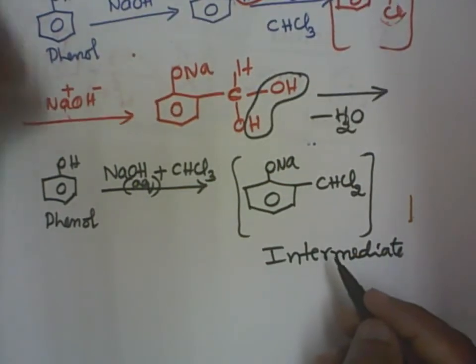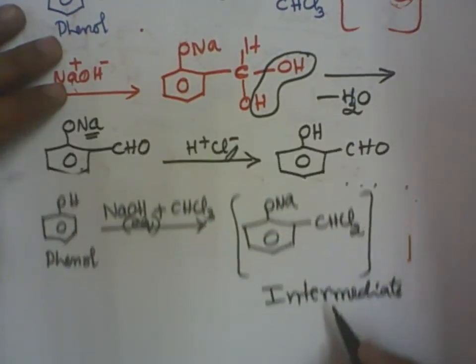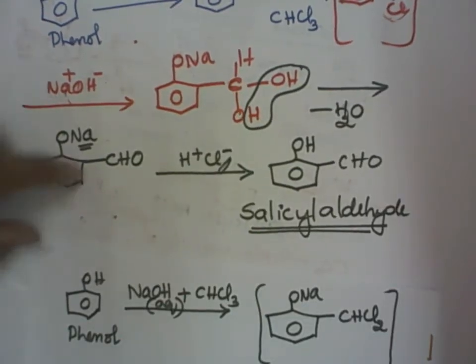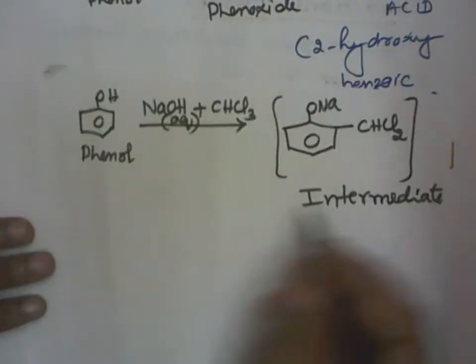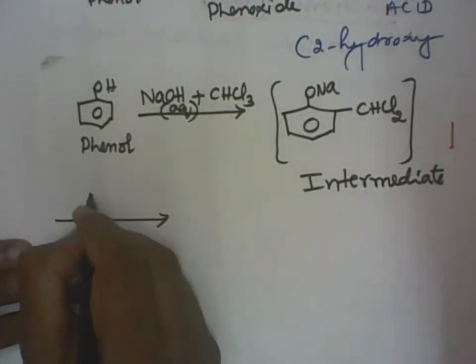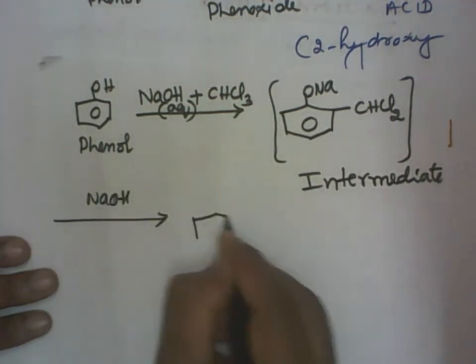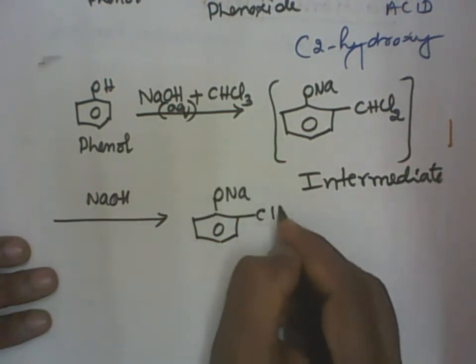Next, after this, sodium hydroxide reacts again, and we'll get this compound directly. This is unstable, so I'll be writing the product: the benzene ring attached to ONa, then CHO together.